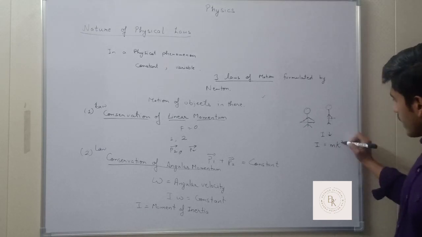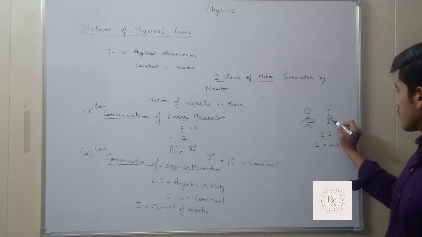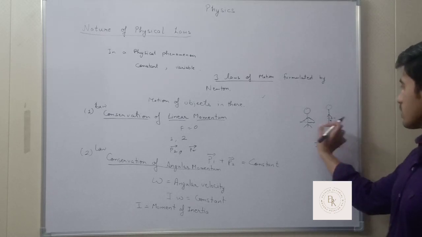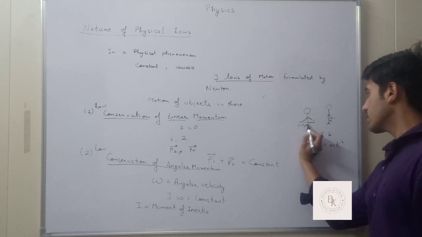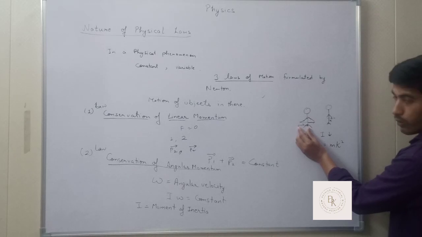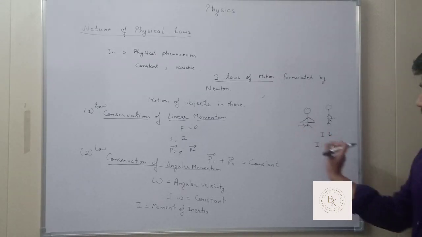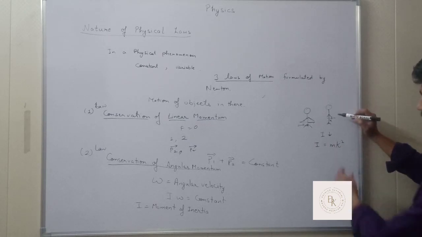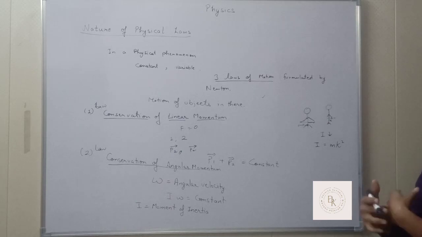So we can say that k is reduced. Here k is this much, and here k is this much. This is k, the distance from the axis to the extreme point of the body. So this k gets reduced when the ballet dancer is folding her legs and arms.